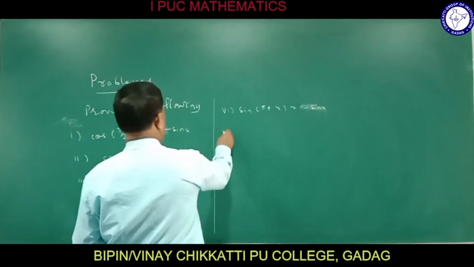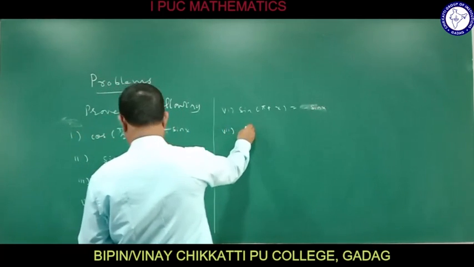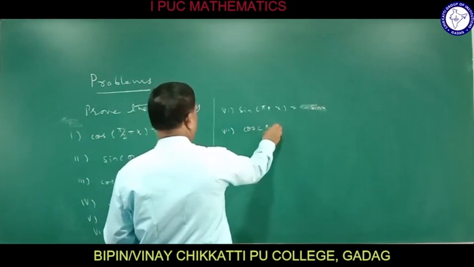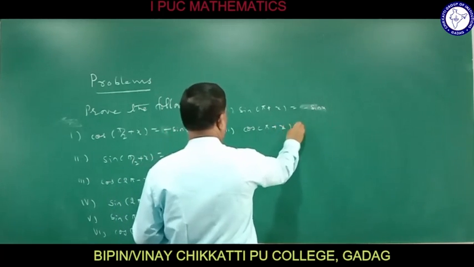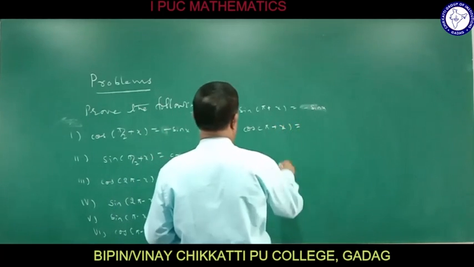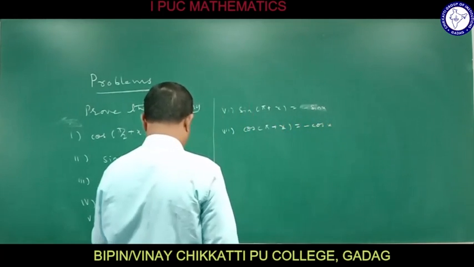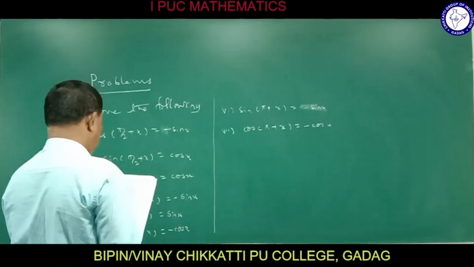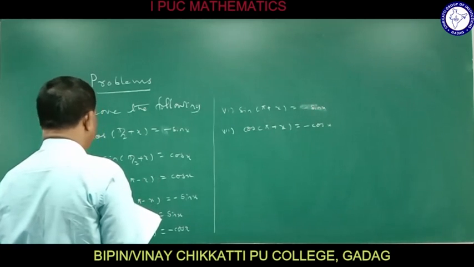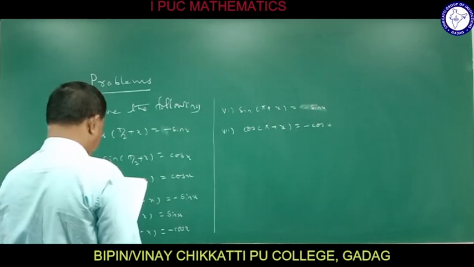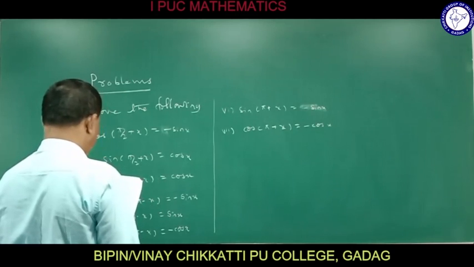That you can see, cos of pi plus x, you have to go for minus cos x. And here you have understood 2 pi plus x and minus x.